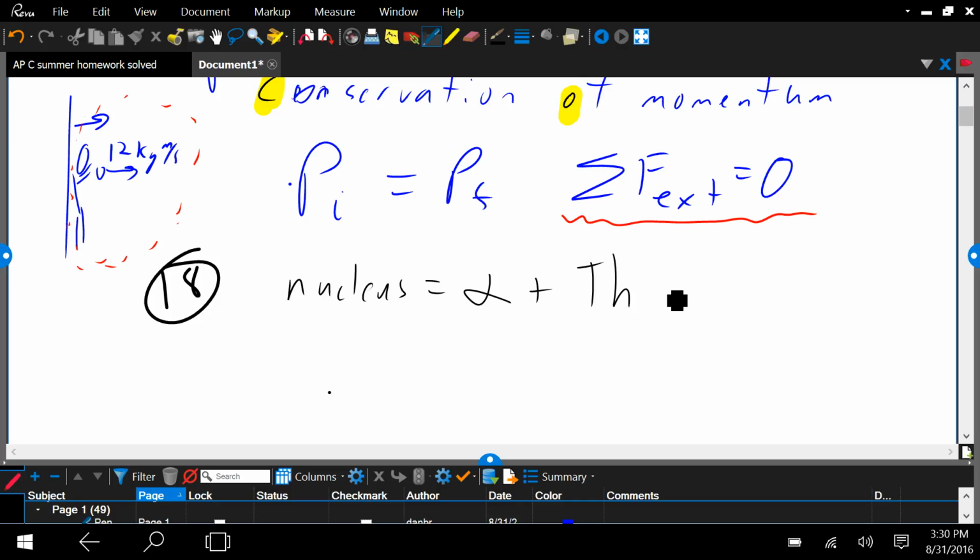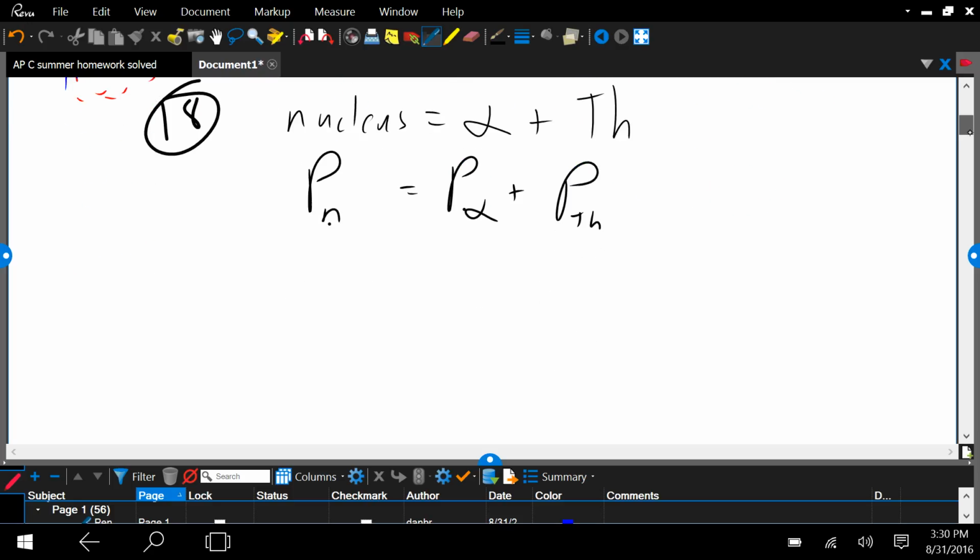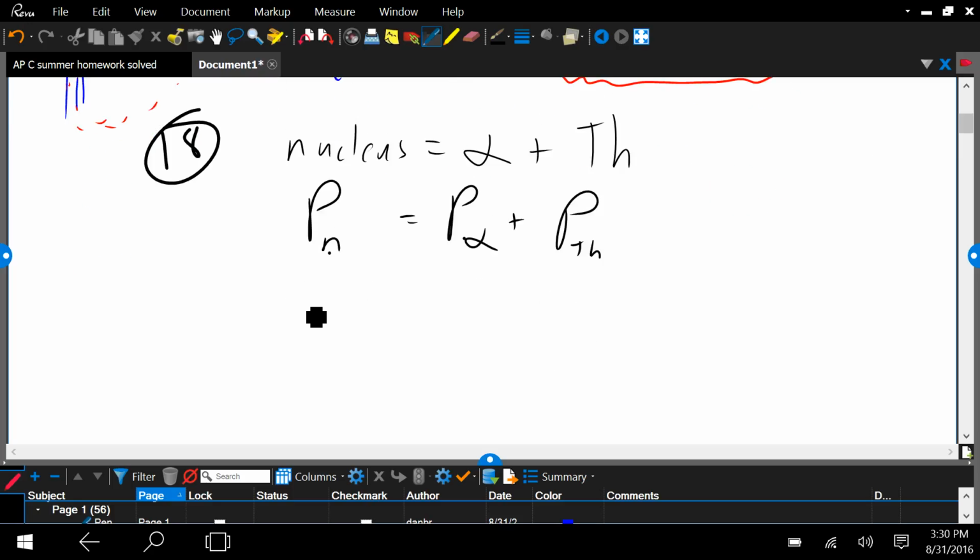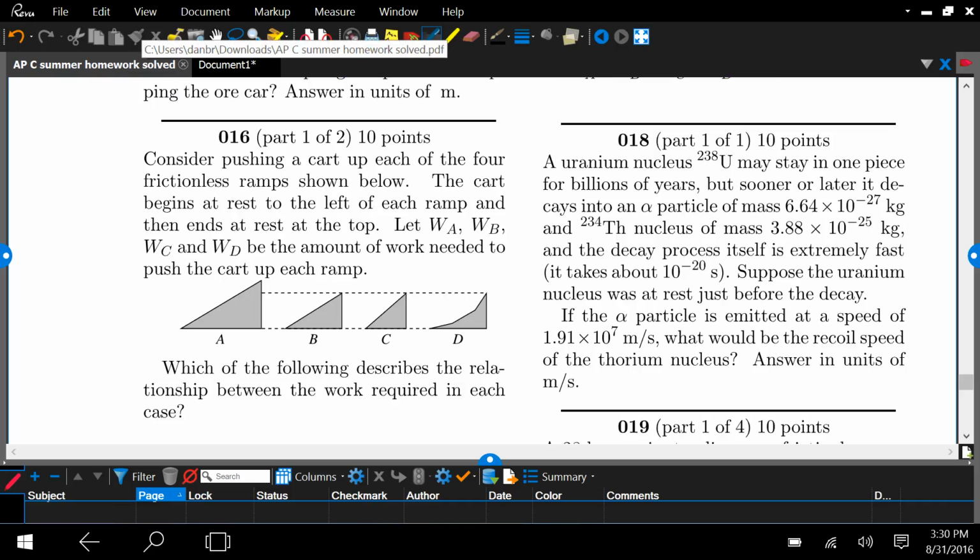So if I look at the momentum of the nucleus, I'm going to call it P of the nucleus, and I'll say it equals P of my alpha plus P of thorium. So the P's are the momentums. And I'm going to put in a 0 on the left because before this thing recoils, we're going to make a statement that it doesn't have any momentum beforehand.